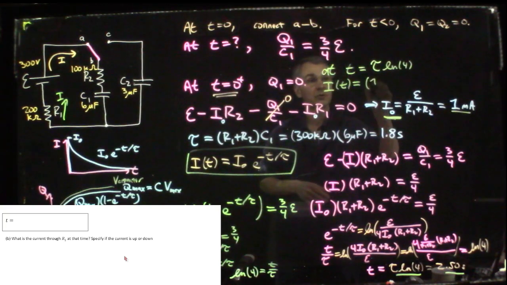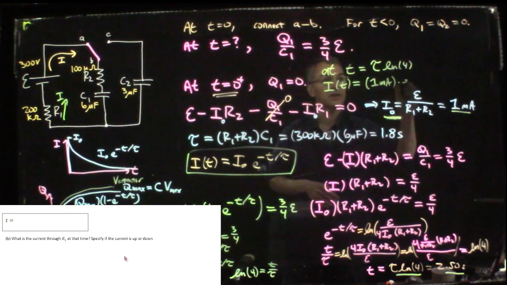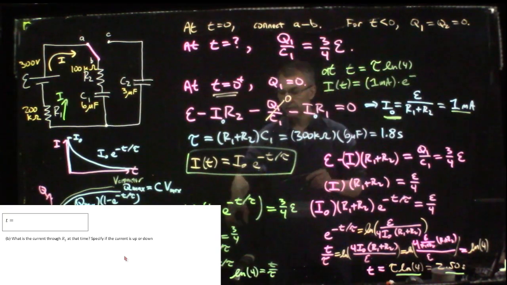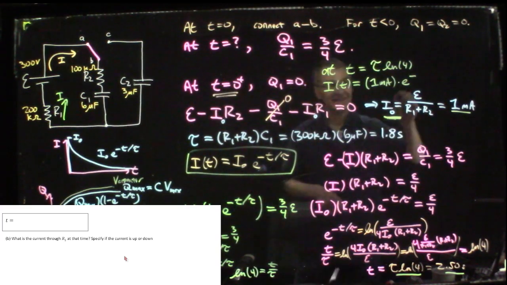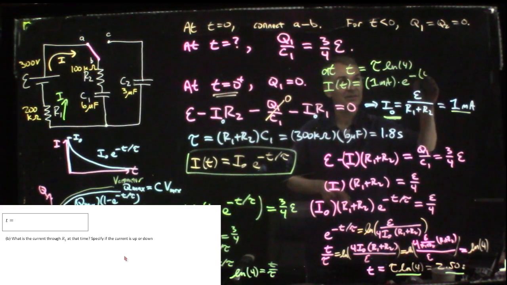This is 1 milliamp, and then it's times e to the minus tau log 4 divided by tau.